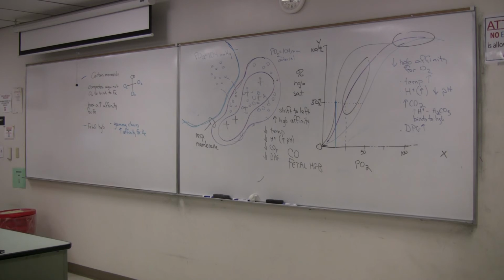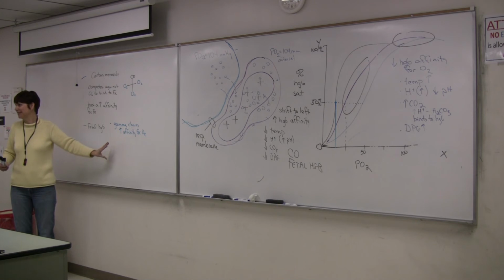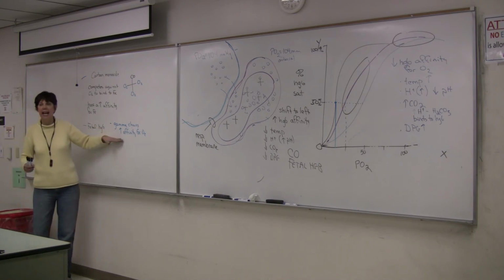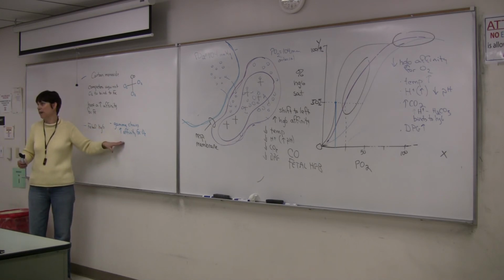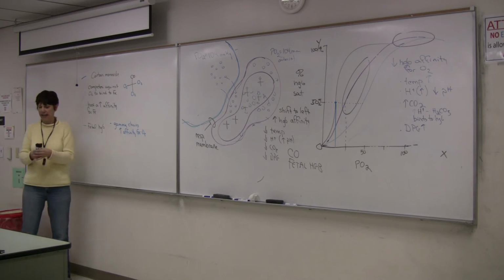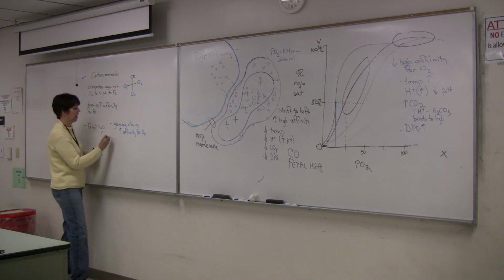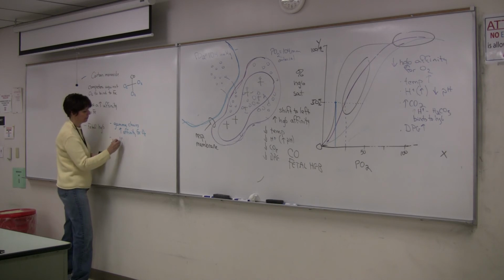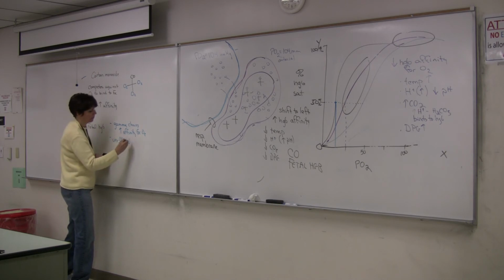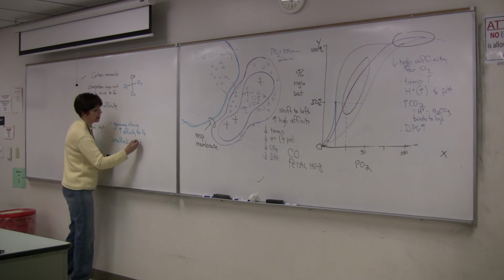And at the mother's red blood cells, it decreases the affinity, so more oxygen comes off of the mother's red blood cells. But it doesn't affect the fetal hemoglobin. So we maintain the higher affinity, even with all the mother's DPG around. Okay? So, unaffected by DPG.